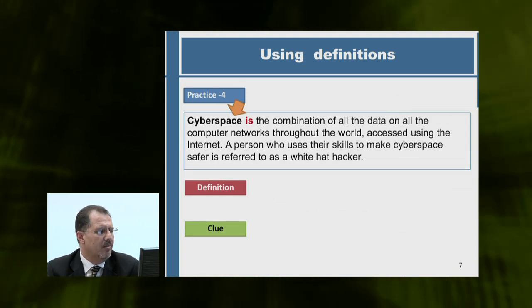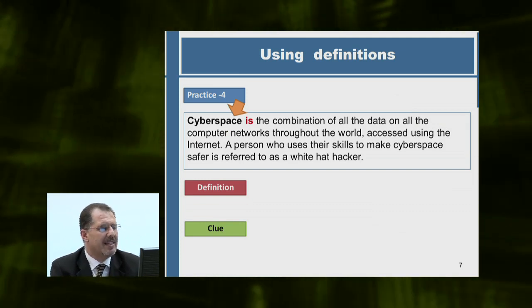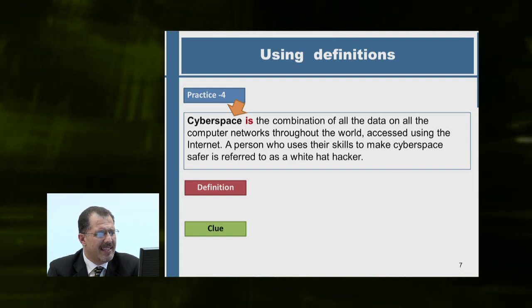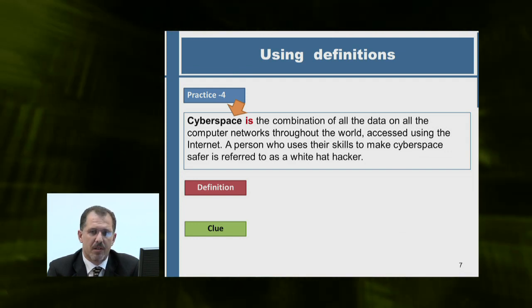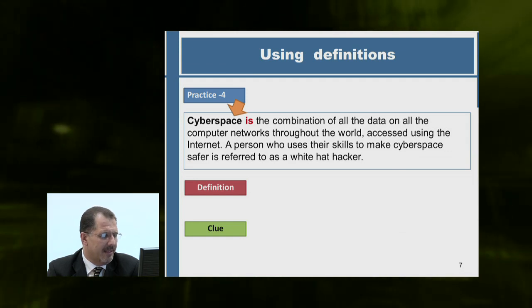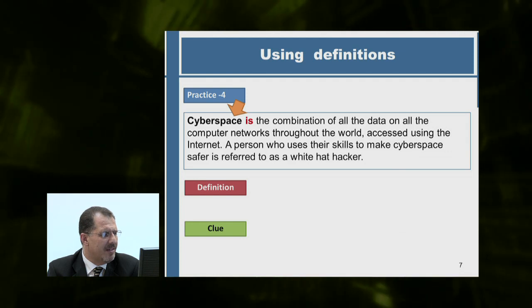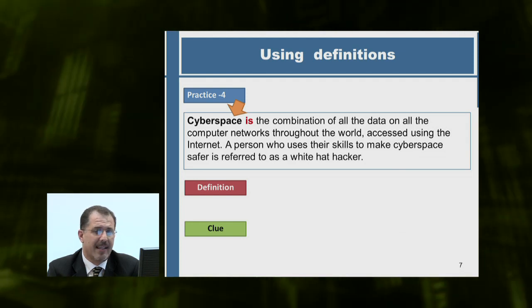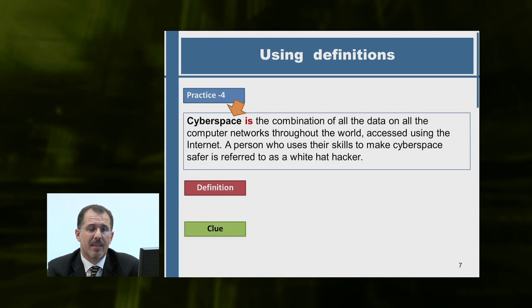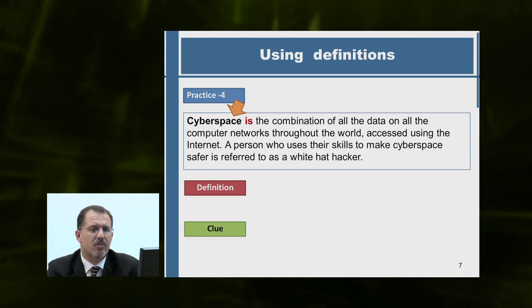Now practice 4. Let's read it. Cyberspace is the combination of all the data on all the computer networks throughout the world, accessed using the internet. A person who uses their skills to make cyberspace safer is referred to as a white hat hacker. Okay, now here the word you are going to define is cyberspace.